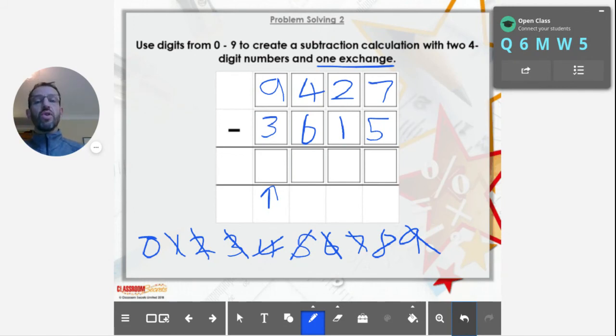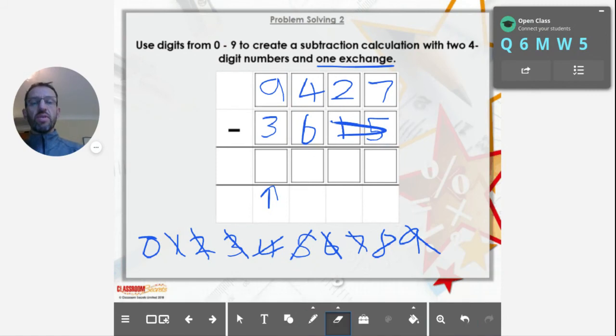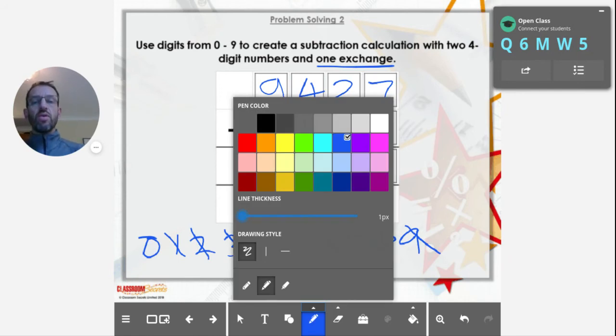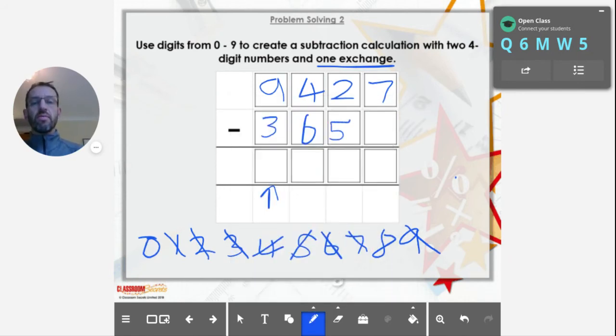Say, for example, I had swapped the 5 and the 1 round. Yeah, if these weren't like this, let's just rub those out. So I decided to put my 5 over there and my 1 there.